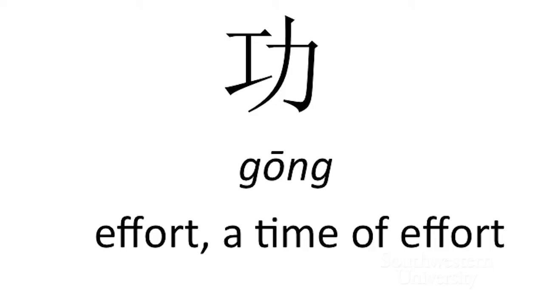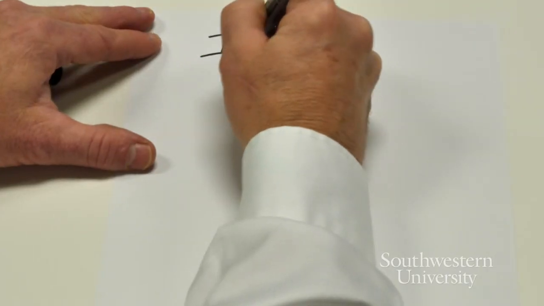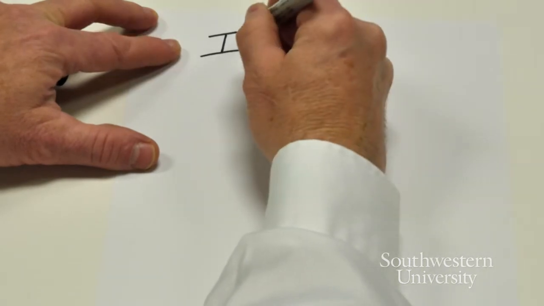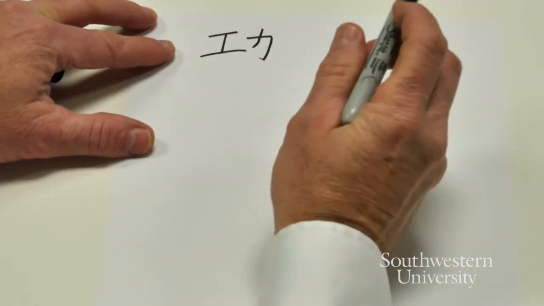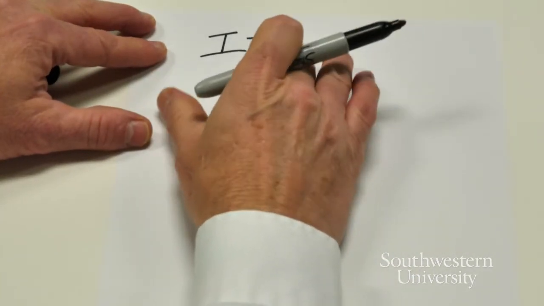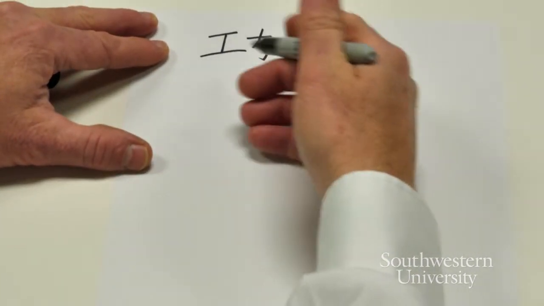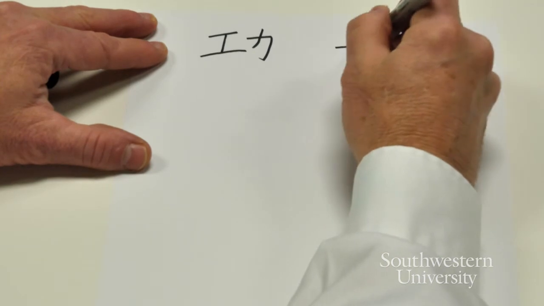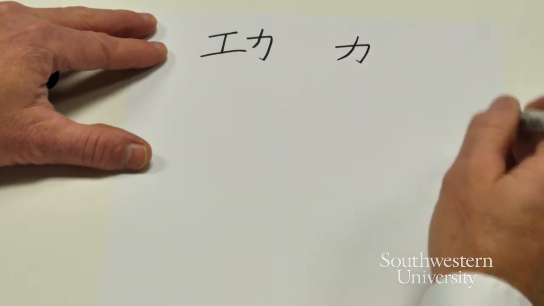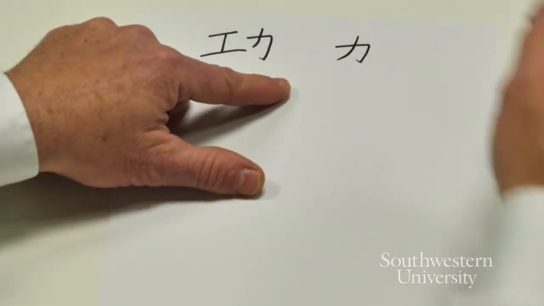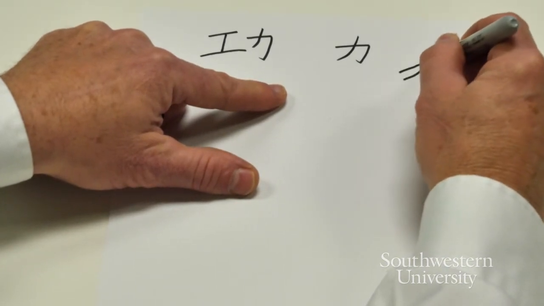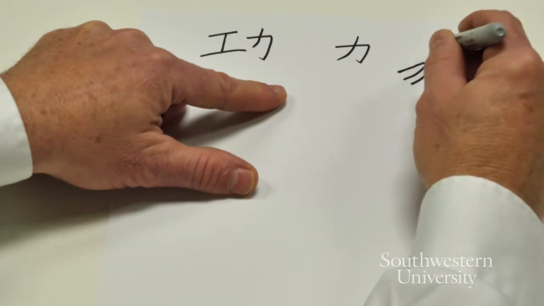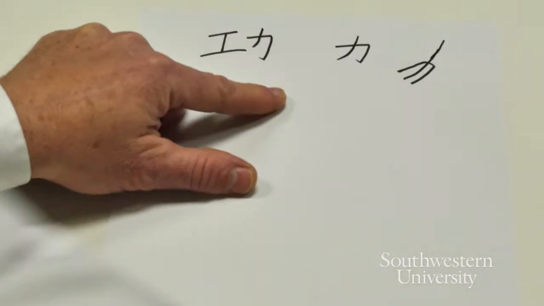The next one, gong, can also mean work. So there's this gong, but it's phonetic in this one. Gong has another component to it, and it refers to effort or a period of time of effort. The thing on the right, li, is effort or energy. It actually anciently depicted a digging stick, something like this.